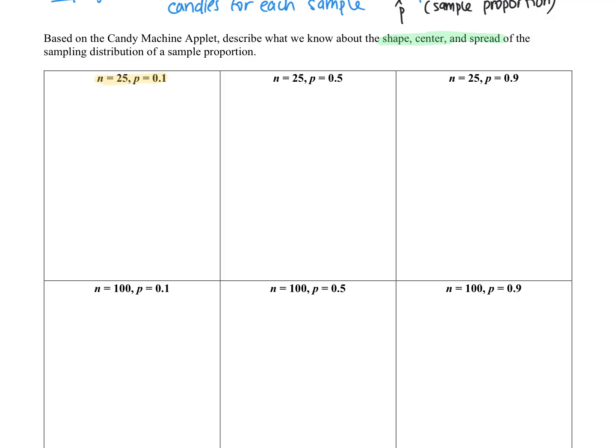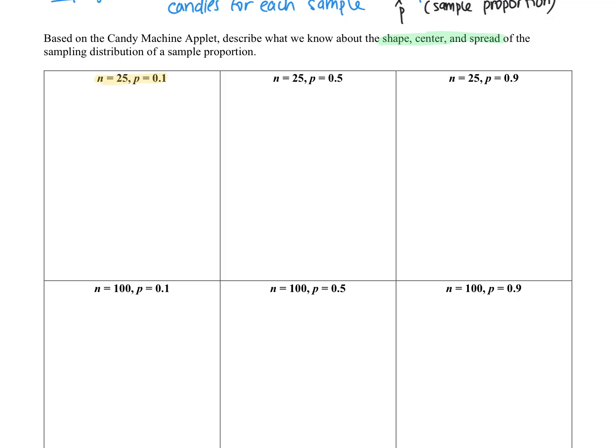So across the top row, what is changing? Which number is changing? The proportion of orange. Yeah, do you guys notice that the top row is all n equals 25 and it's p that's changing? So I want you to be thinking, as p is changing, what's happening?